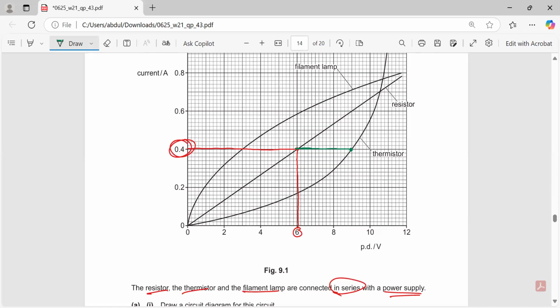But what is the voltage then across the thermistor? 9 volts. So thermistor is done. What about the filament lamp?